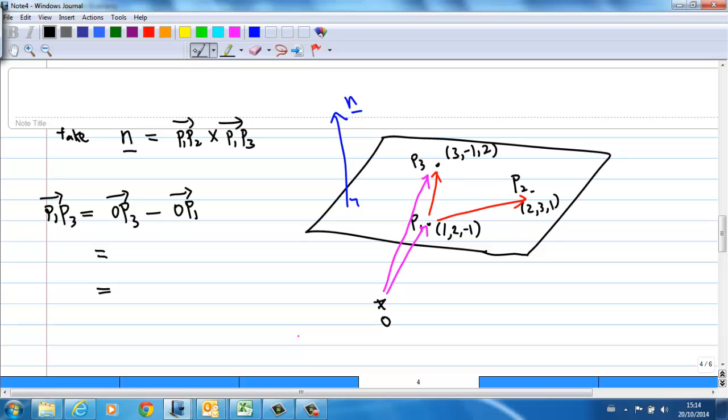Now OP3, the position vector of P3, is 3, -1, 2. OP1, the position vector of P1, is 1, 2, -1. This will give you 2, -3, 3.